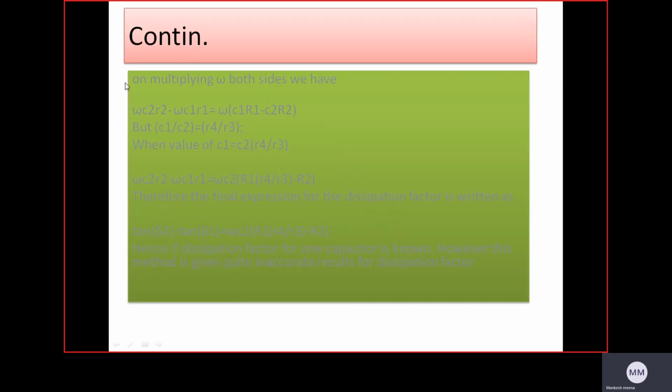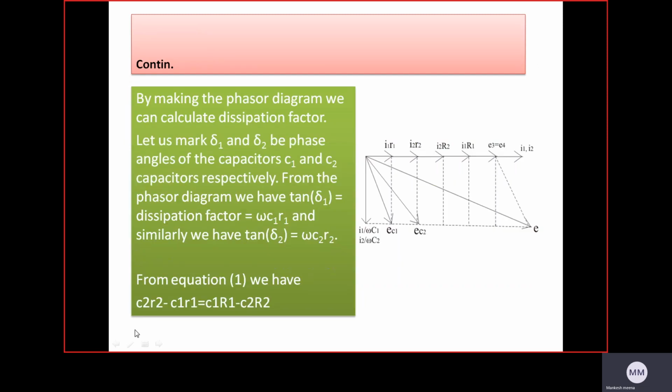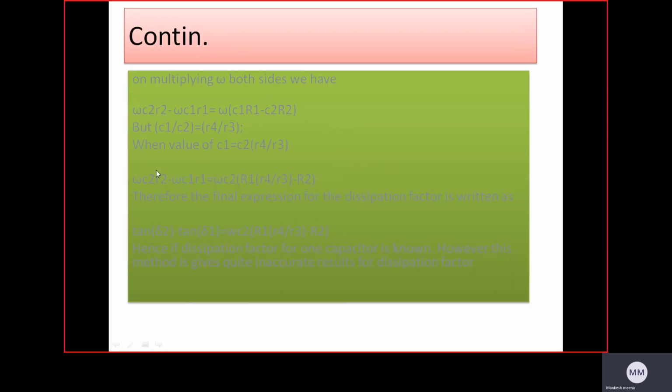On multiplying omega on both sides, we have omega C2 r2 minus omega C1 r1 equal to omega times C1 R1 minus C2 R2.